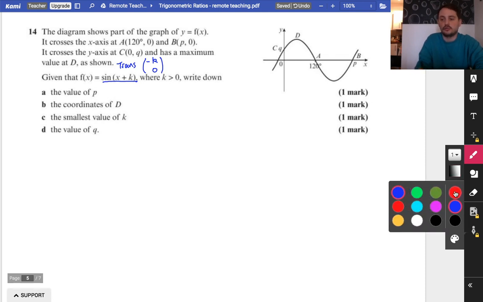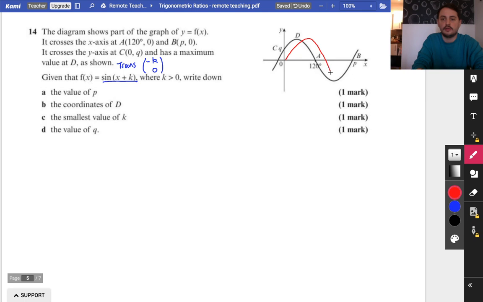Now, I like to draw on top of this what a normal sine graph looks like. So a normal sine graph should look like this, and we know that it normally crosses at 180, but it looks like it's now crossing at 120, so that must mean it's moved 60 to the left. So if it's moved 60 to the left, looks like we've got this. That should give me enough information to be able to do some of these questions that I've got here.